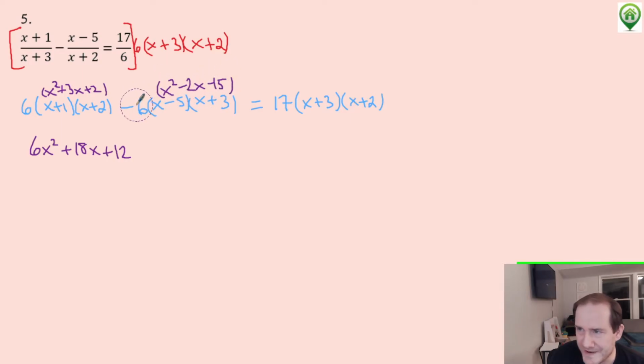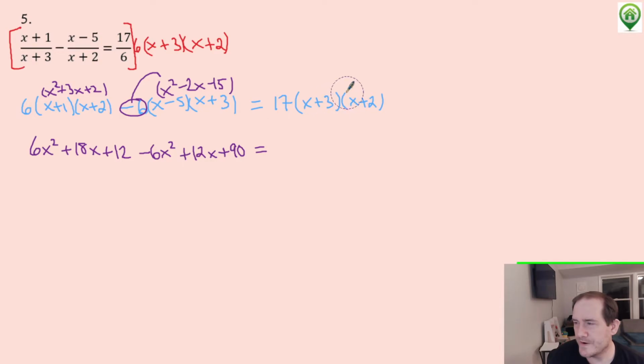Now you're distributing a negative 6 onto that, so remember to change all the signs. So it'll be minus 6x squared and plus 12x and plus 90. And over here, x squared plus 5x plus 6.